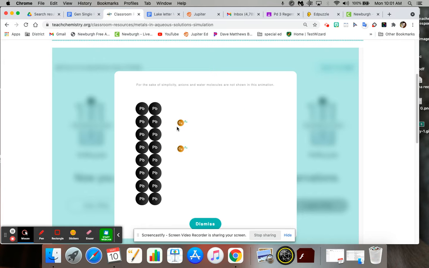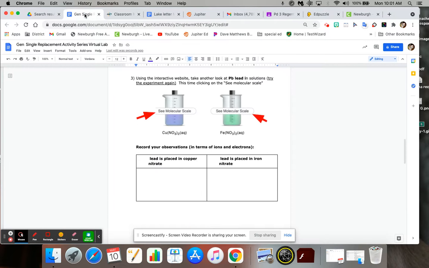The copper ions are gaining electrons from the lead. The copper stays on the metal bar. So watch, the copper in the solution is gaining electrons, staying on the metal bar, and then the lead leaves. So that's what's happening. Let's go record that.